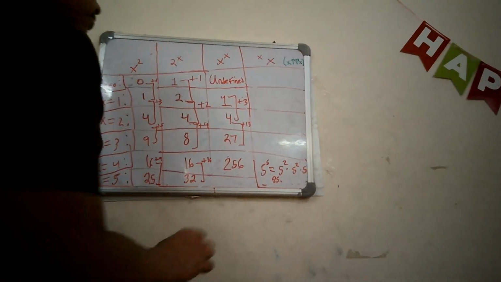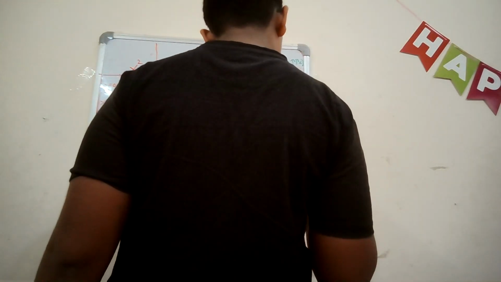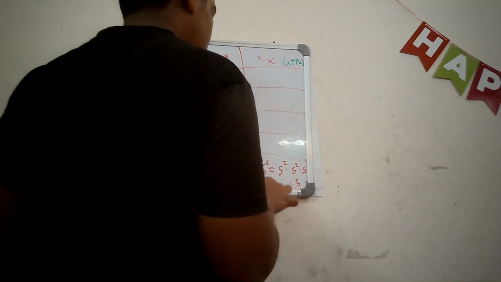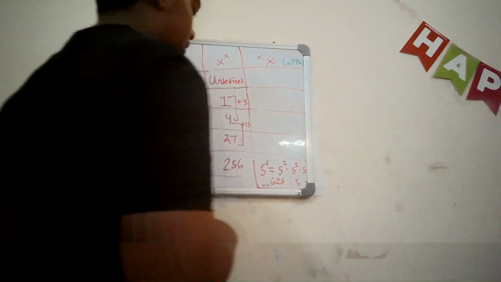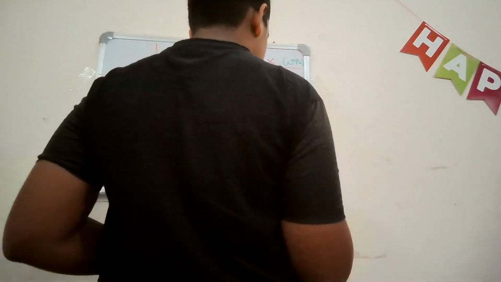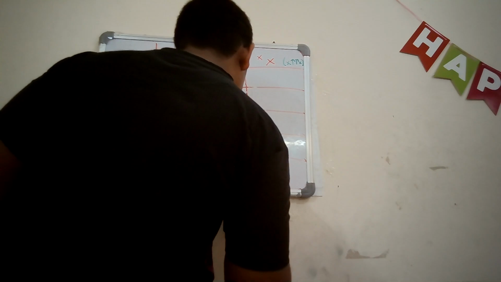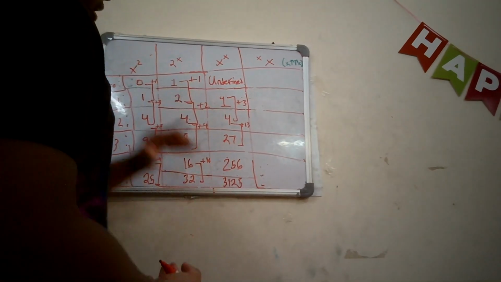We're breaking down the exponent. So we will get 25 times 25 times 5. So 25 times 25 is 625, and 625 times 5 is 3125. Whoa! Look how big. At first it was slow, but now it's big.